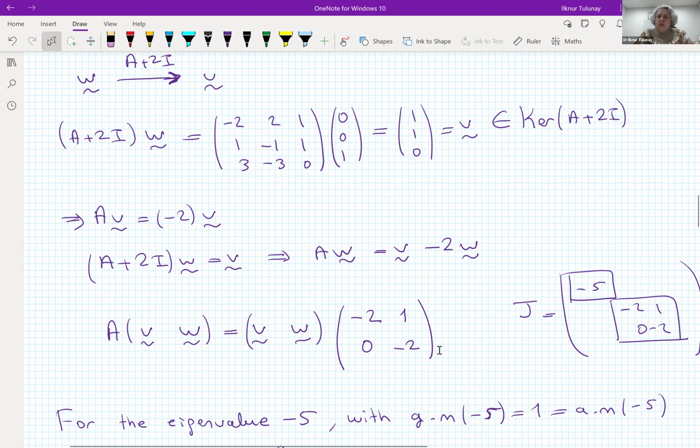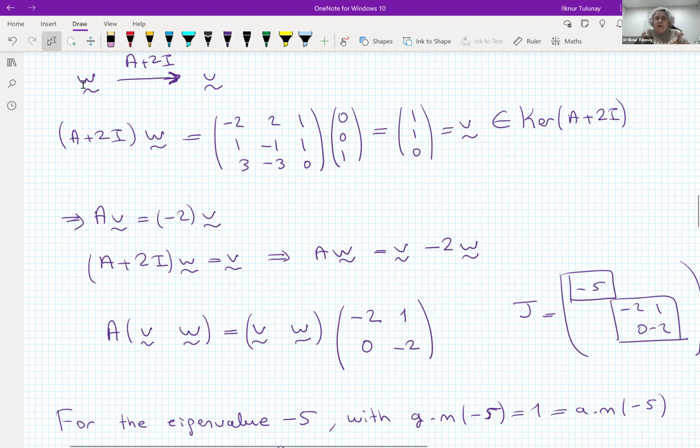We have done such calculations before, but this is the case for this block only, because that's what we need. For this block, the eigenvalue already has algebraic multiplicity and geometric multiplicity the same, so we don't need such ideas for this part.